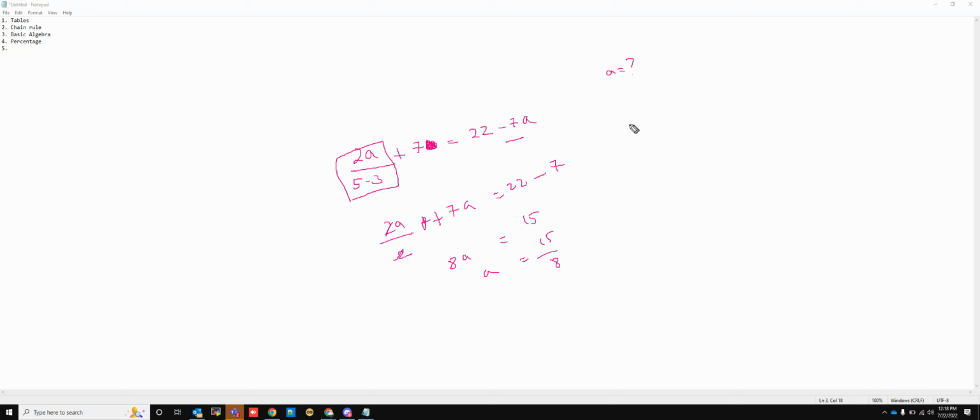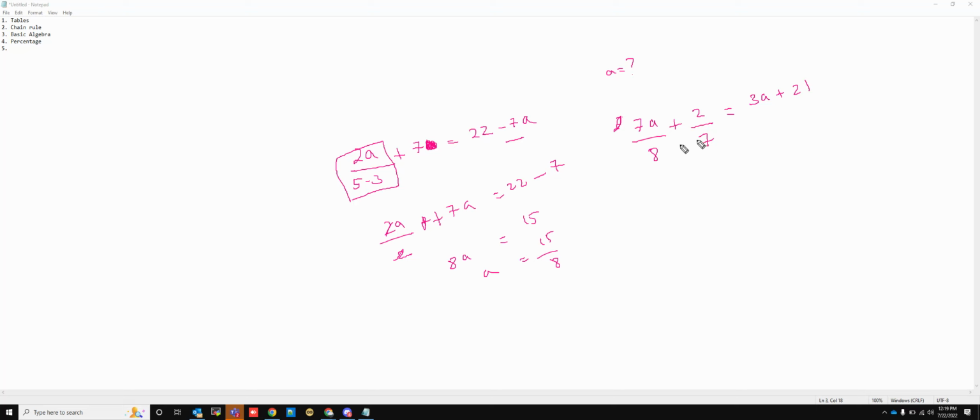Okay, let's take one more problem and see if you are able to solve it. Let's take a similar kind of problem: 7a divided by 8 plus 2 by 7 is equal to 3a plus 21.